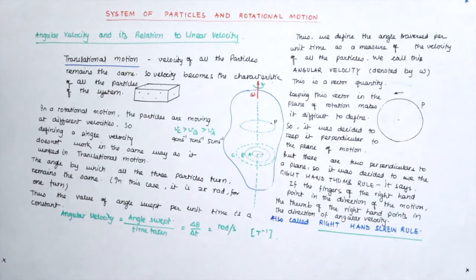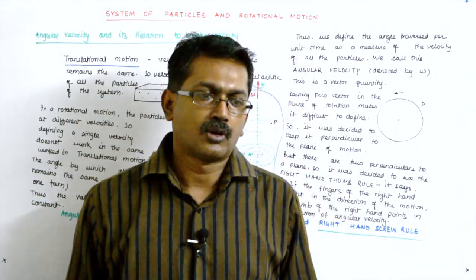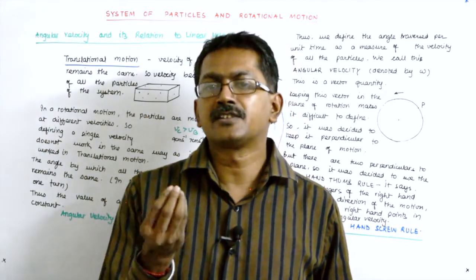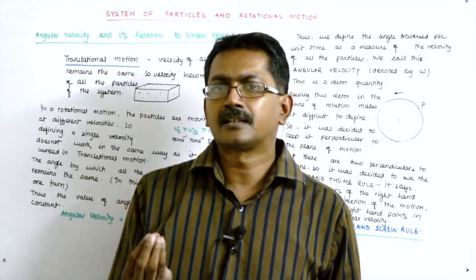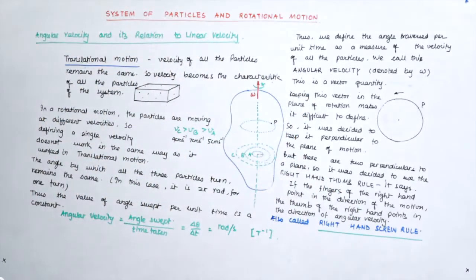Now if the velocity is variable, what happens? As we did in kinematics, we take delta t to be very, very small, and then it becomes d theta upon dt is equal to omega. That becomes the instantaneous value, right?